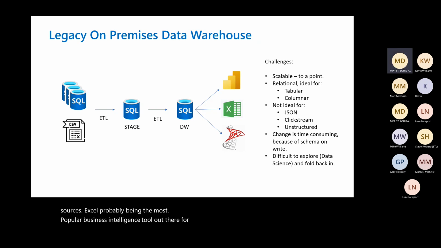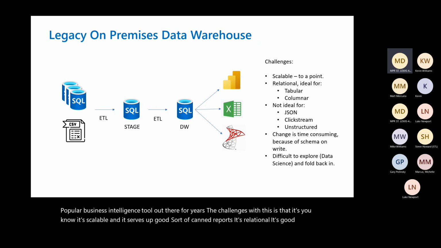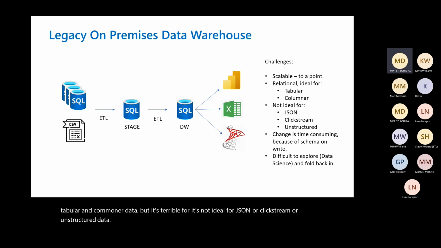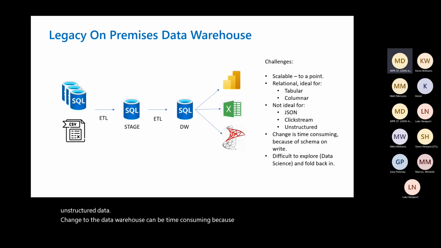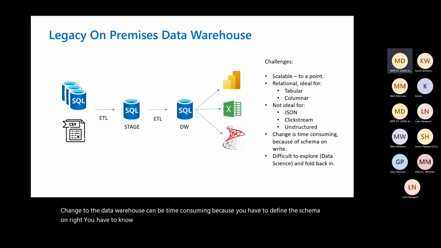The challenge with this is that it's scalable and it serves up good end reports. It's relational, good for tabular and columnar data, but it's not ideal for JSON or clickstream or unstructured data. Change to the data warehouse can be time consuming because you have to define the schema on write. You have to know how you're going to write to the table.